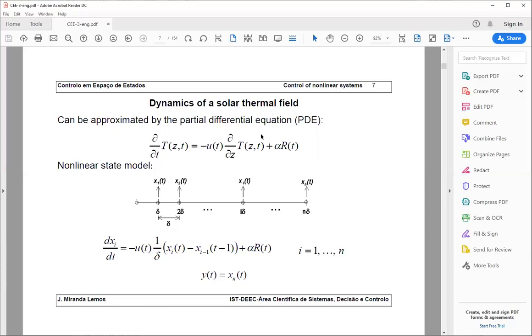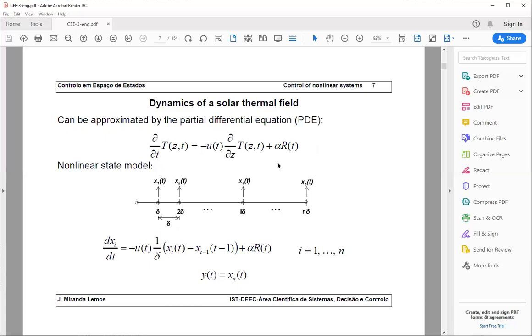How can you obtain and prove that this equation holds true? Well, we are not going to do it, but if you do an energy balance, then you can derive this equation. And basically, it says that the change of temperature in time is due to two effects.